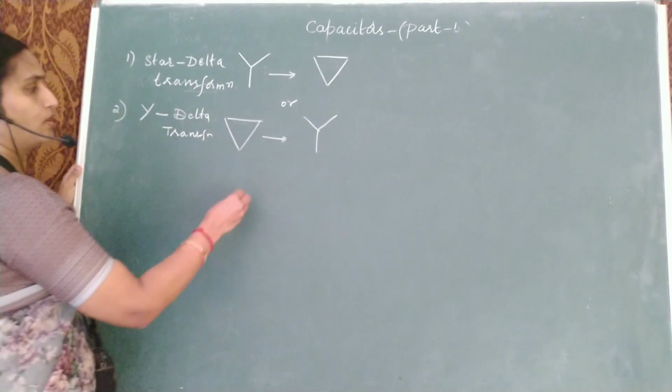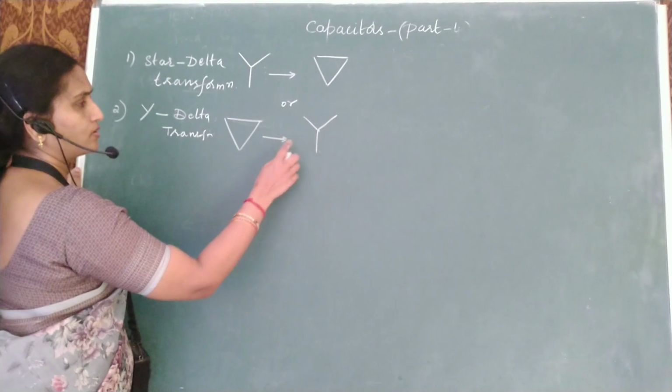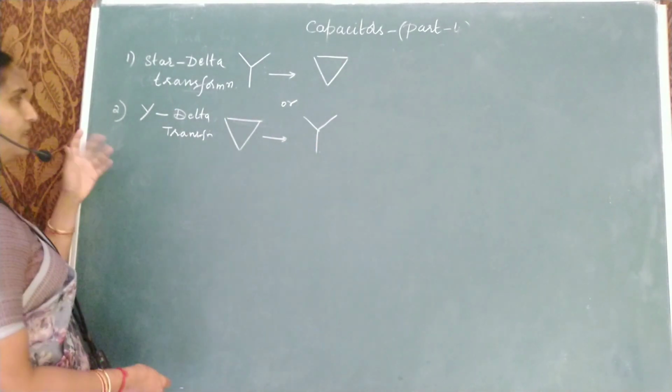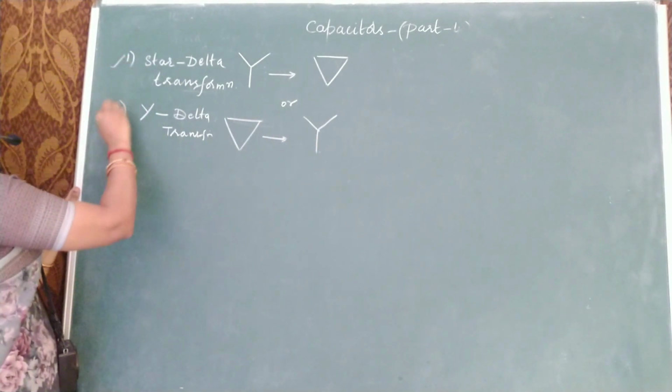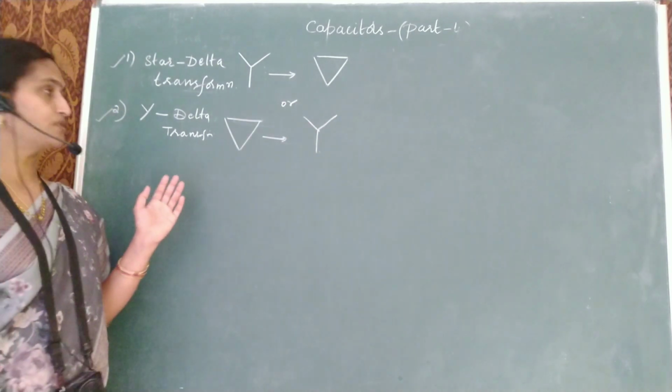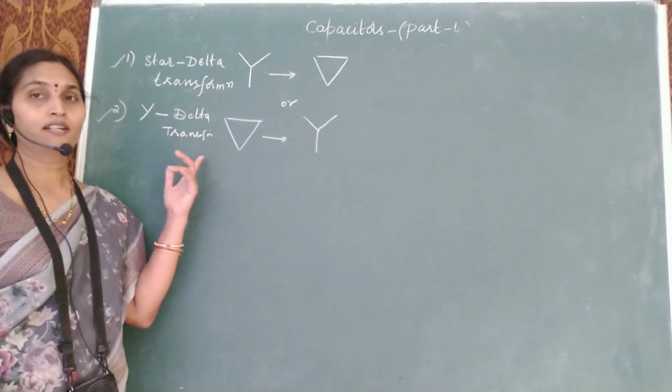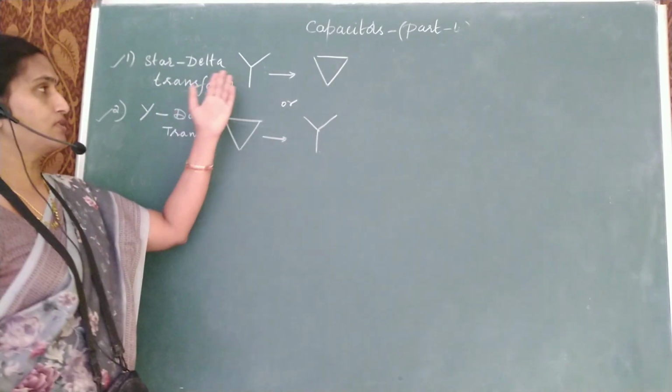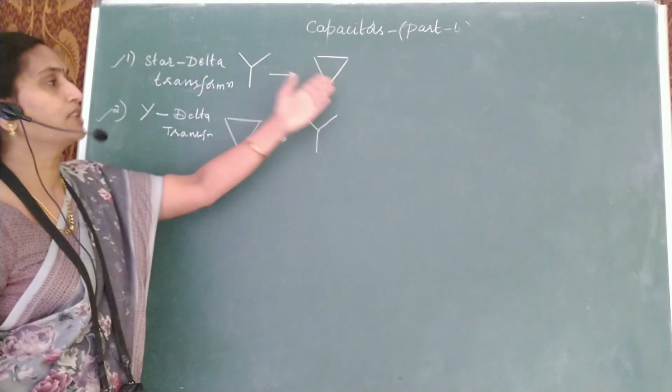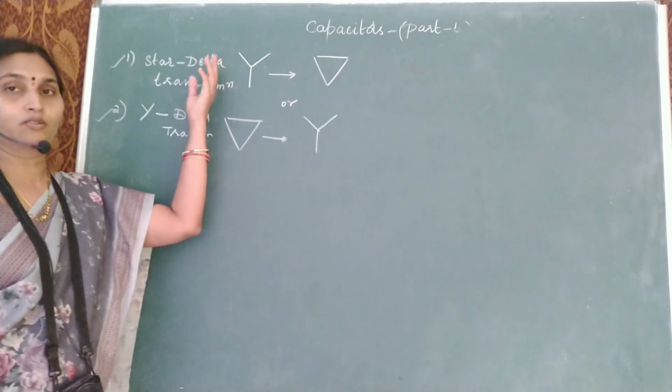In a few books you will also find it called pi delta transformation, but the two most commonly used names are star delta transformation or Y to delta transformation and vice versa. It's not always a rule that you have to convert Y to delta. You can even convert delta to Y.